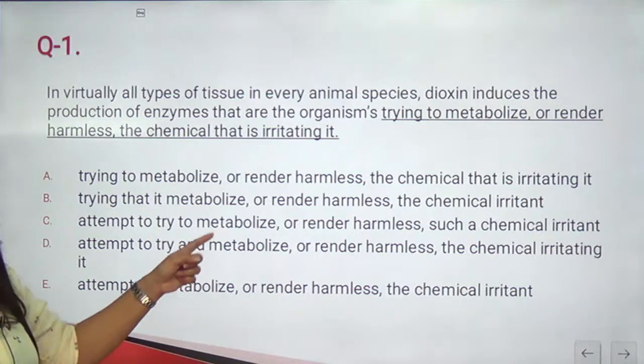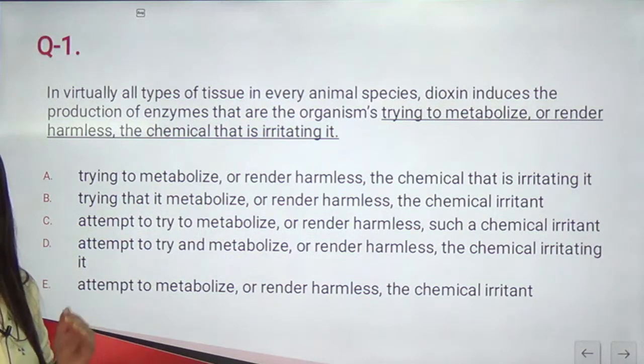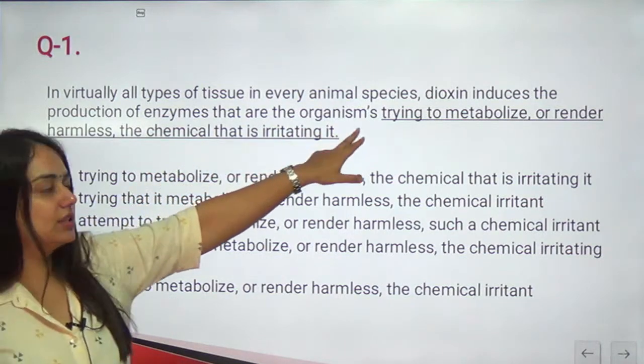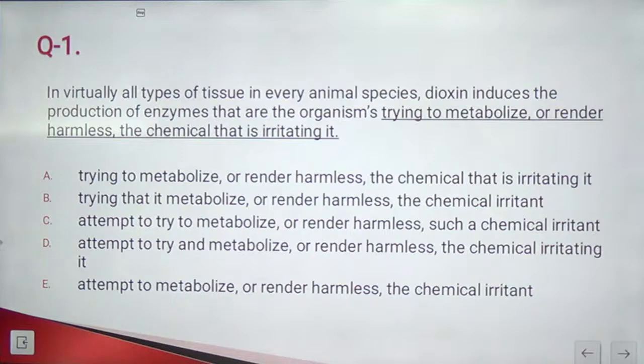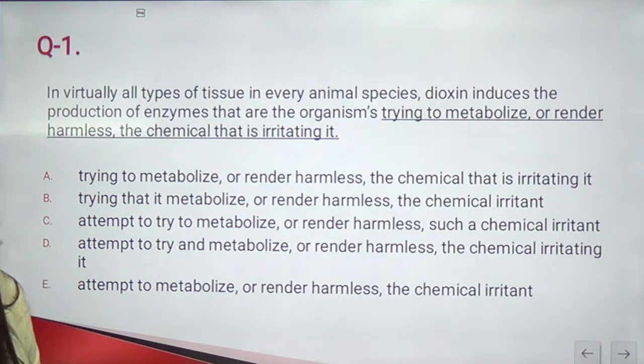You have to replace the underlined part of the sentence. Tell me one alternate that I can use instead of this underlined phrase. The error, if I have to drop in a hint, is in the parallelism. Can you find out the right answer?